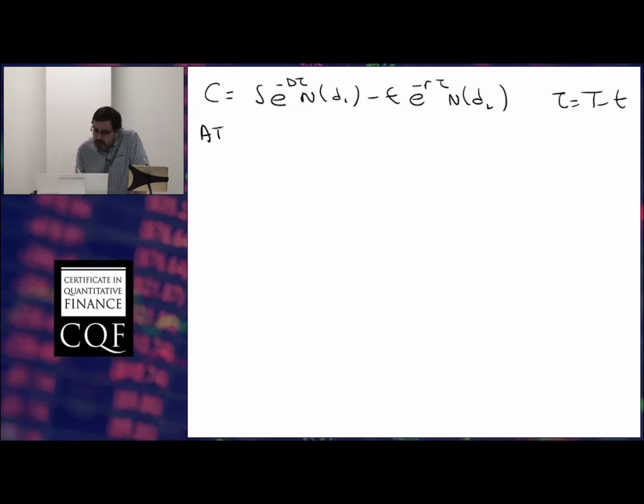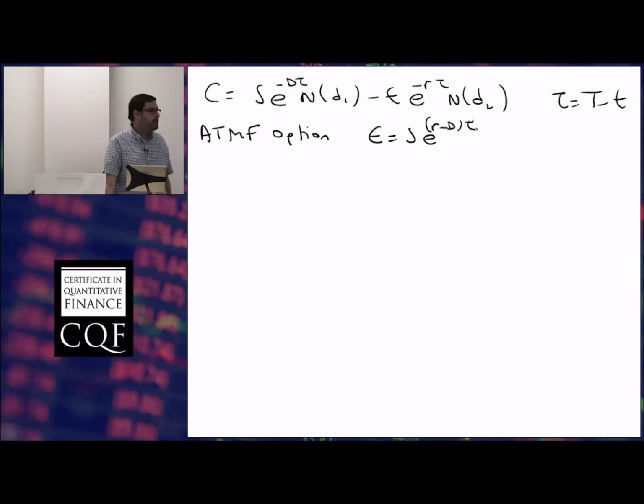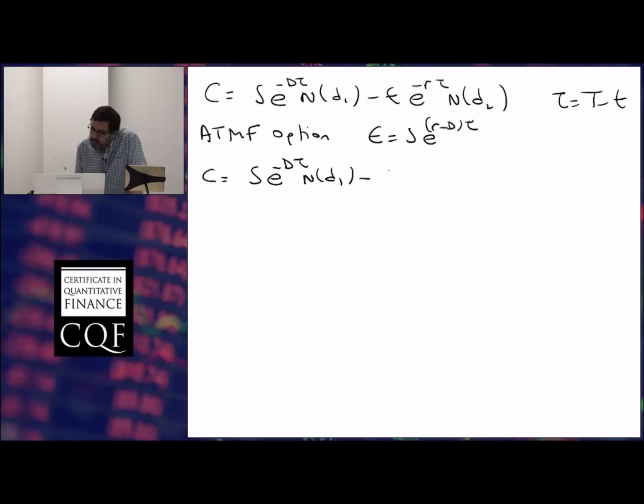For an at the money forward option, we have that E is equal to this. So we substitute this into the expression above. We get S e to the minus d tau N(d1) minus S e to the (r minus d) tau minus r tau N(d2).